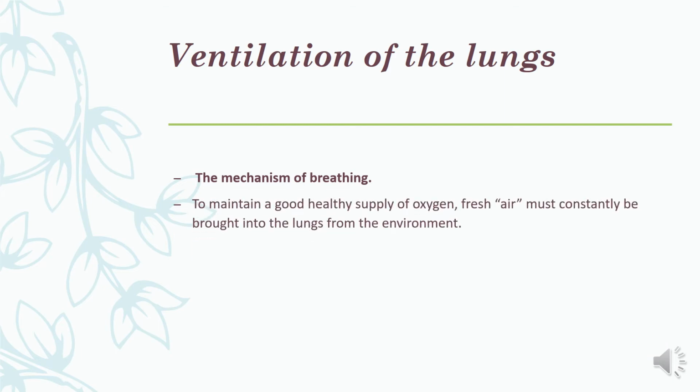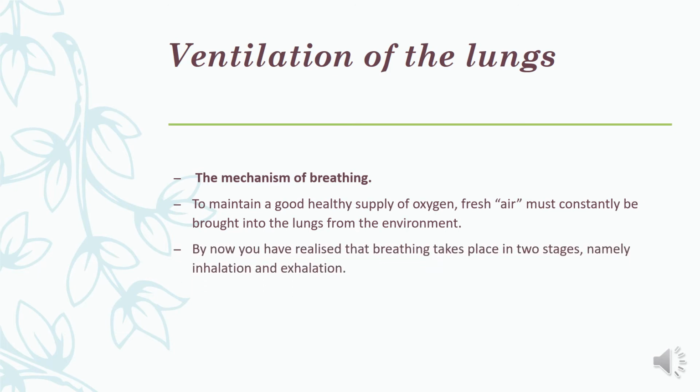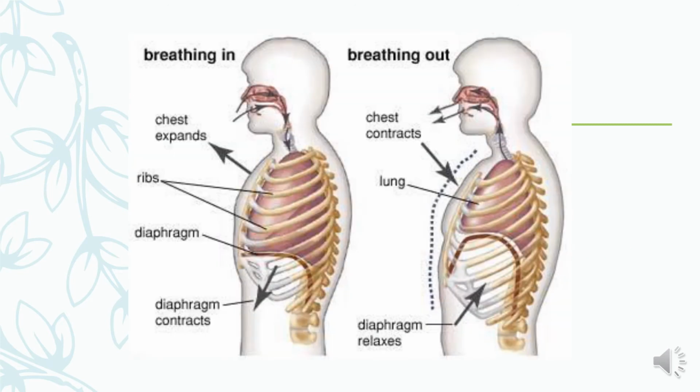By now, I hope you have realized that breathing takes place in two stages: inhalation and exhalation. So now we're going to look at what happens with inhalation and exhalation. When you inhale, your chest expands, the ribs expand, and the diaphragm contracts, meaning it moves downwards.